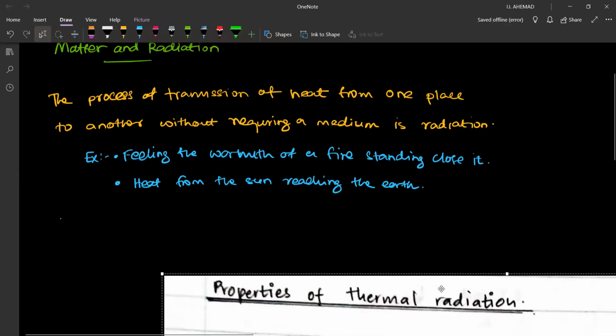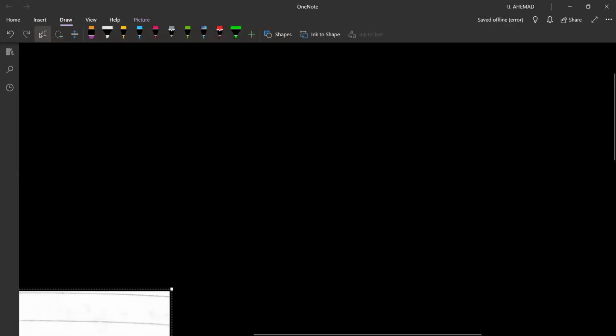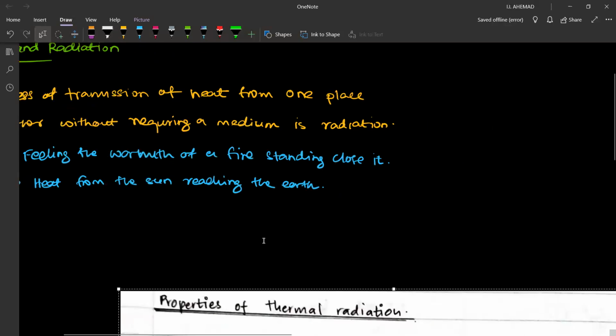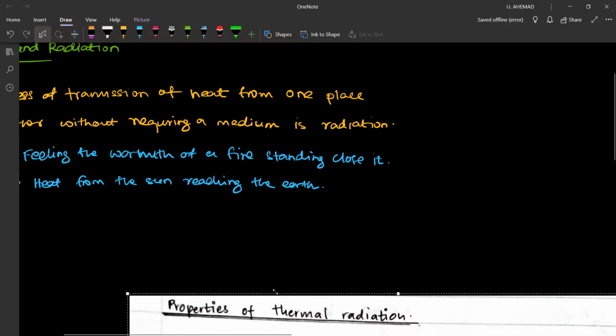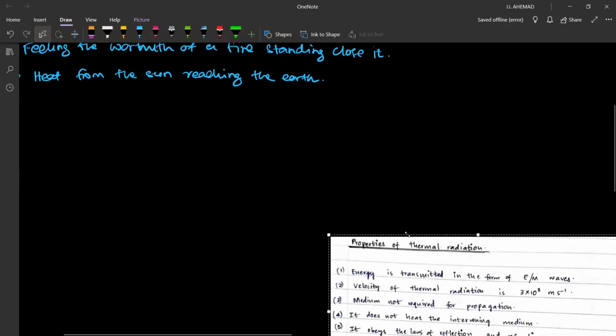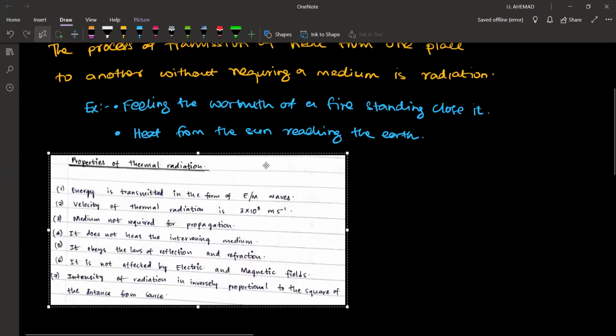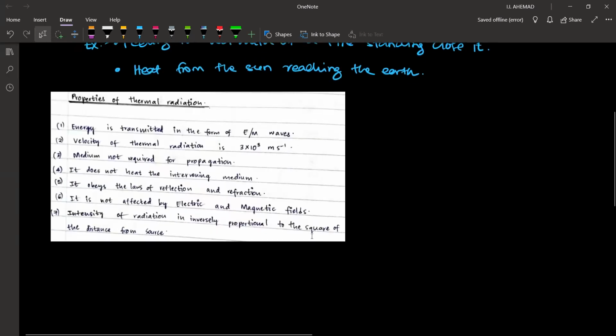So as I said, radiation is an electromagnetic wave, so it's going to have certain properties. So let's look at those properties. Properties of thermal radiation.